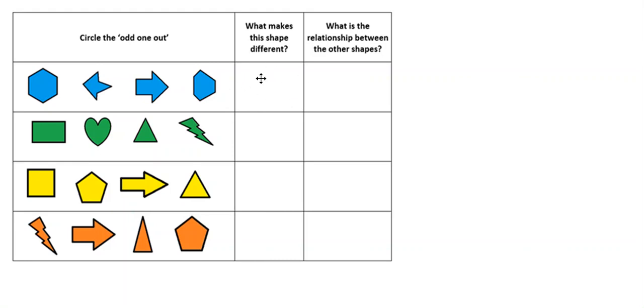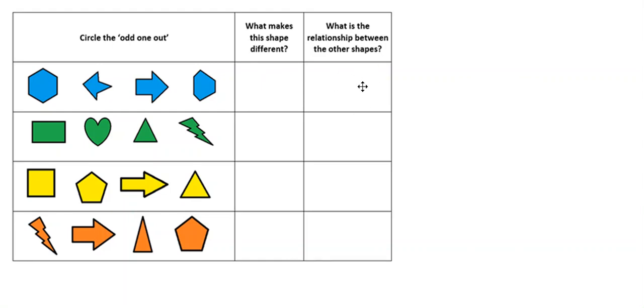Okay, so it might not be that they are regular or that they are irregular. It might be that it's got curved edges, whereas some of them haven't. It might be that it's got 8 sides instead of 7 sides. What is it that makes it the odd one out? Okay, and then it says to give the relationship between the other shapes.